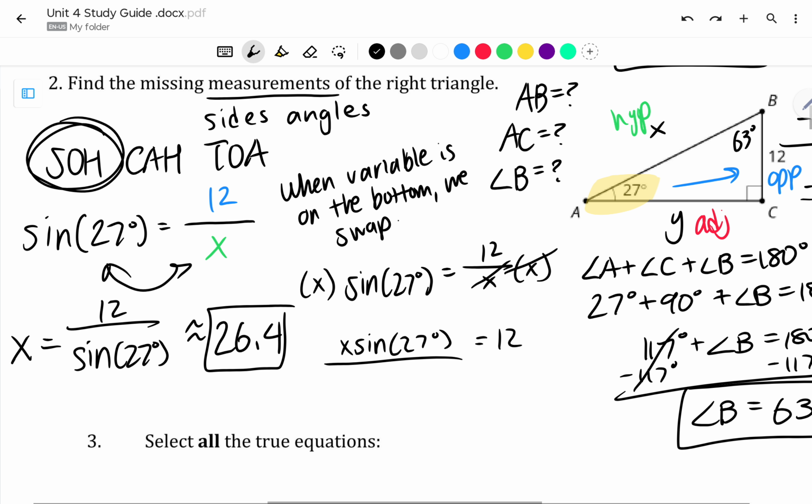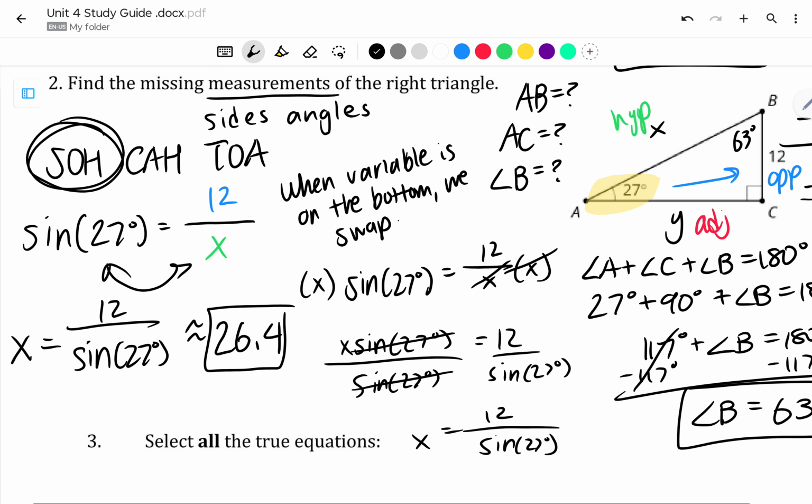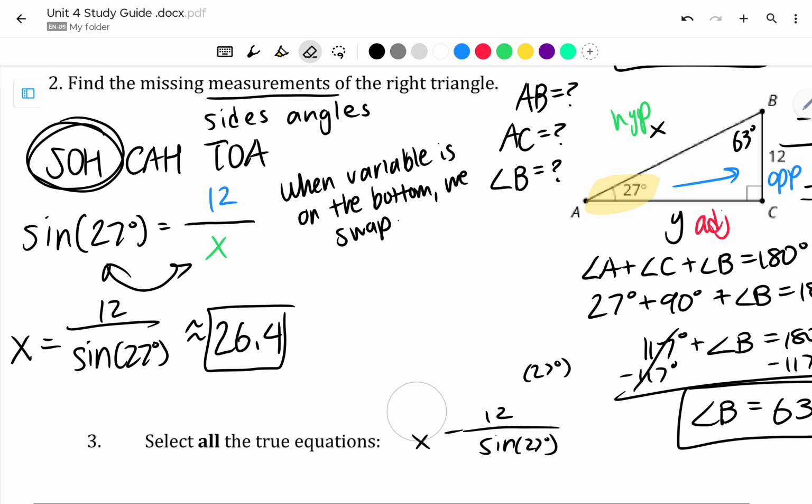The opposite of multiplying is dividing, so we're going to divide both sides by sine 27. Those cancel out, and notice what happens here. You get x equals 12 over sine 27. Essentially what happened is we swapped the places of x and sine. So that's the shortcut. Instead of doing all of that math every time, you could just swap them.